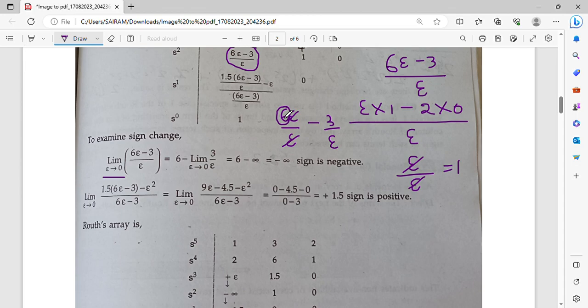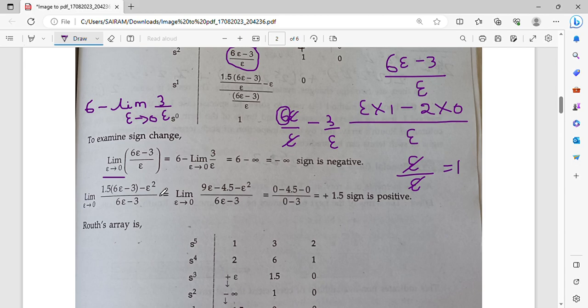So now what is 6? 6 is a constant value. So you are supposed to shift 6 to this side. We put all constants on this side. It is minus the limit of e tends to 0 of 3 by e, right?